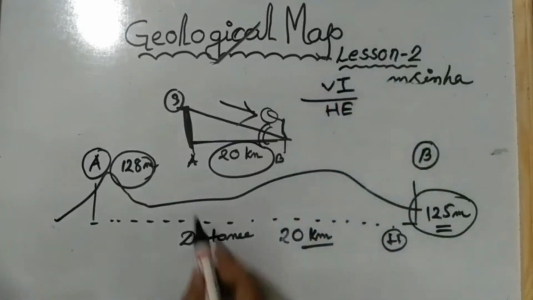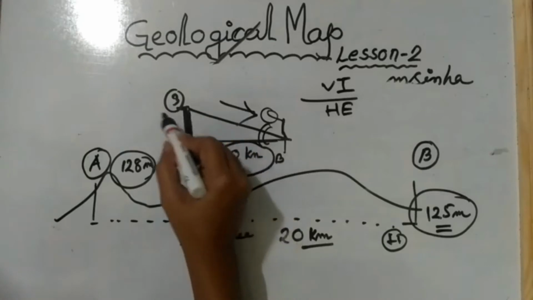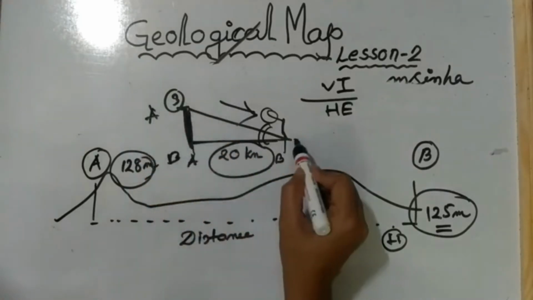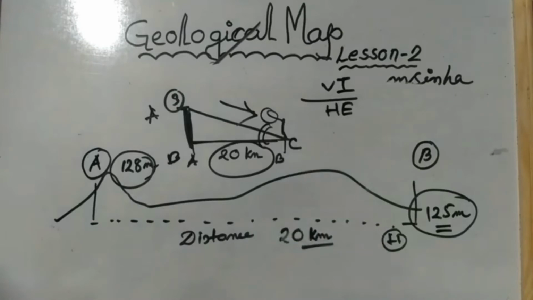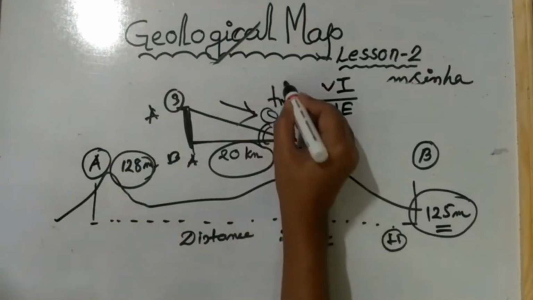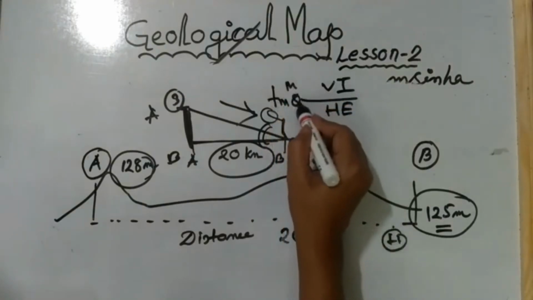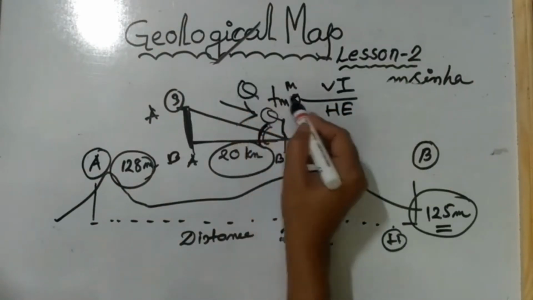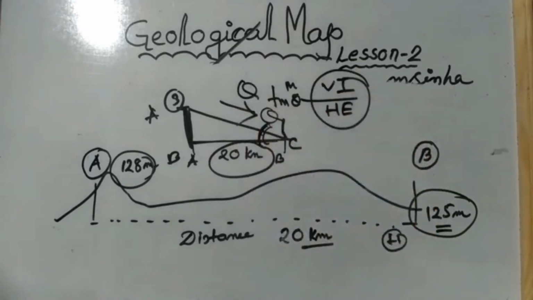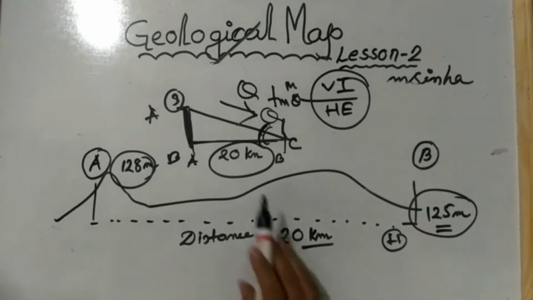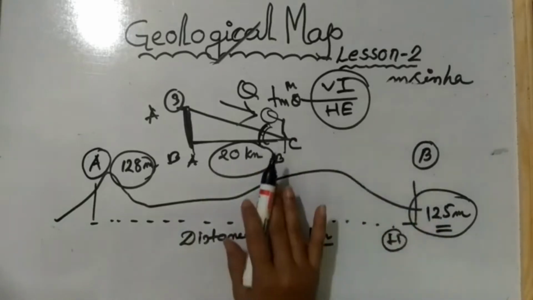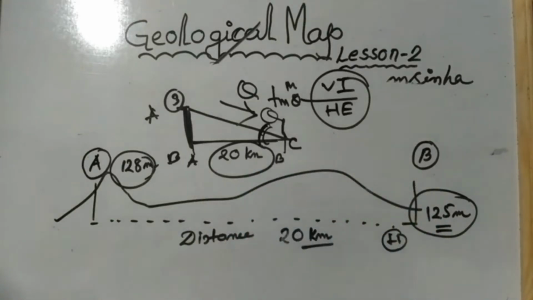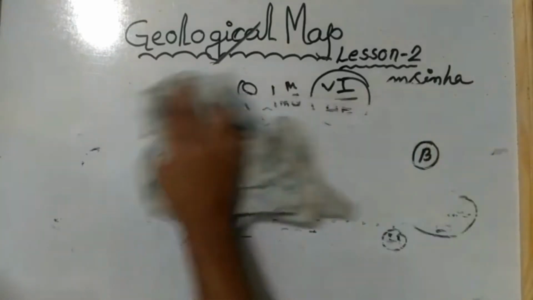In the previous class I told you, this is A, this is B, and this is C. According to Pythagorean trigonometry, you can get the value of tan theta, and with the help of vertical interval and horizontal interval you can easily identify the slope or the gradient between A and B. This is the basic principle to identify any gradient, any slope, any angle, any dip and any inclination.